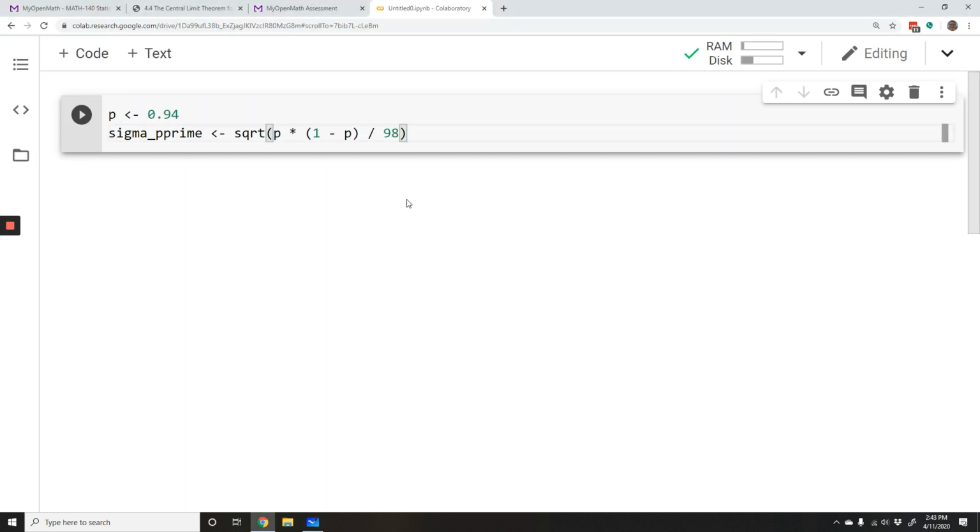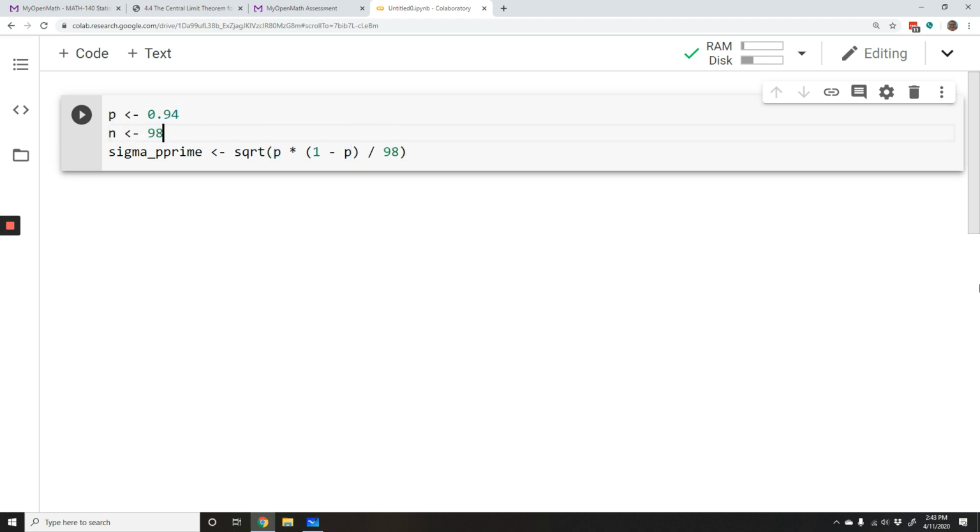Notice that I could use p when finding my sigma p prime because I'm storing 0.94 in variable p. And so it makes it a little bit more readable. If I want to, I could also store 98 in n, and then I could make the denominator here just the variable n. Makes it a little bit more readable, I think.